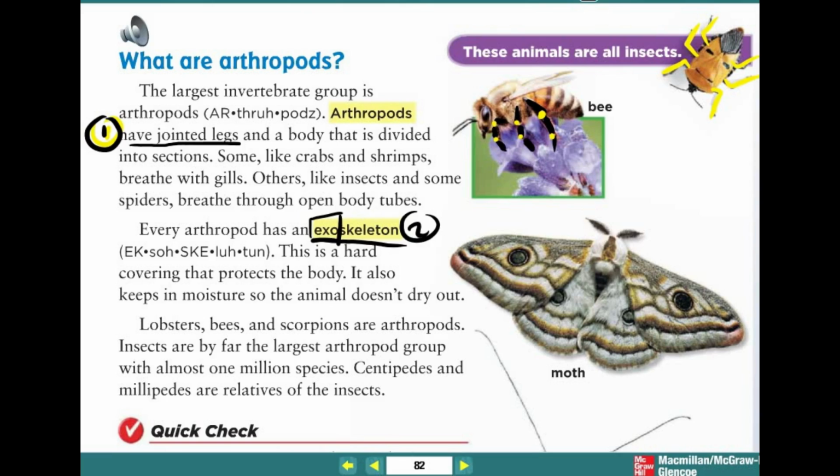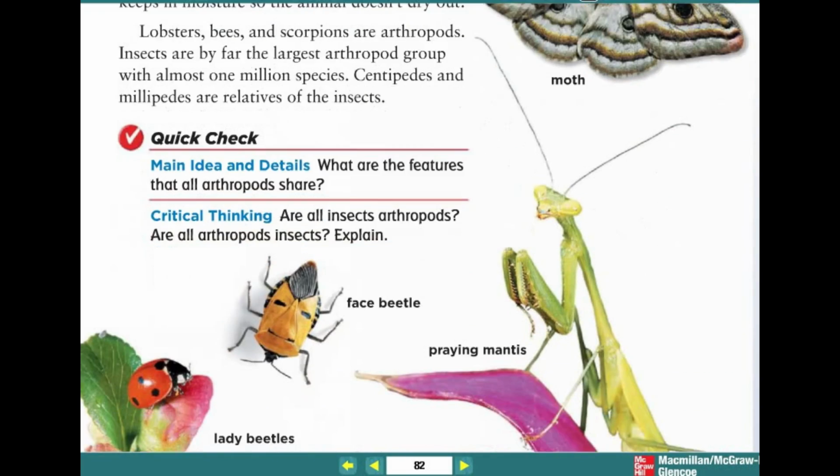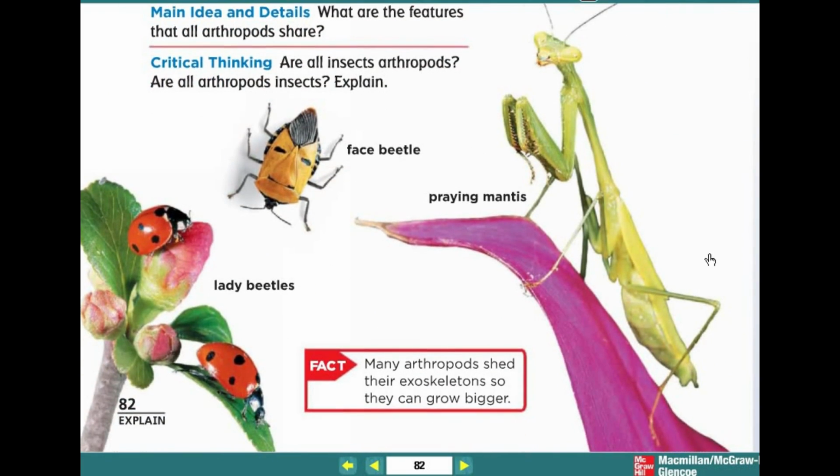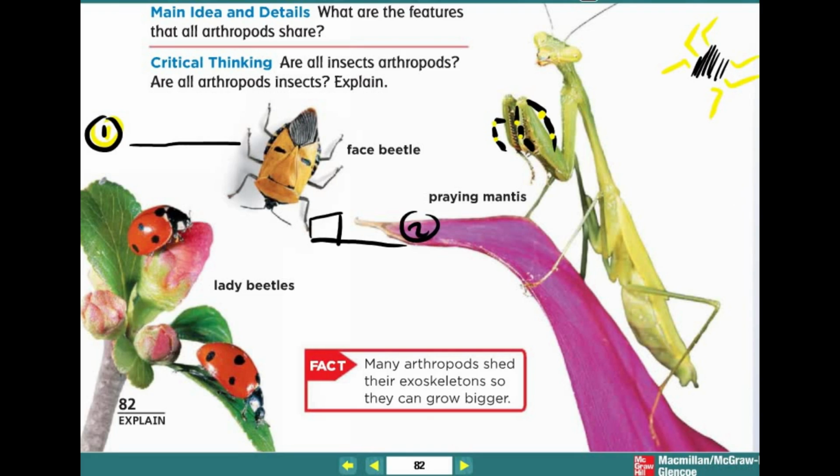If you look at this insect, for example, can you see this here? This is the exoskeleton, very clear. If you look down here at this praying mantis or the beetles, can you see that all of them have this outer cover to protect them?